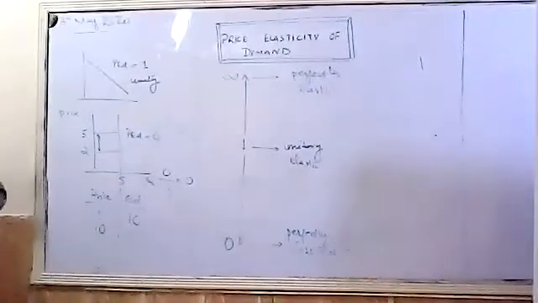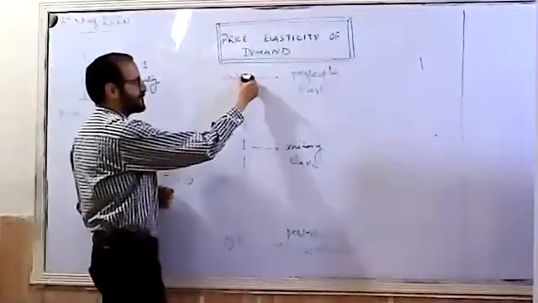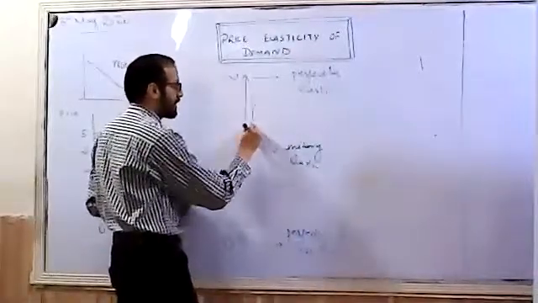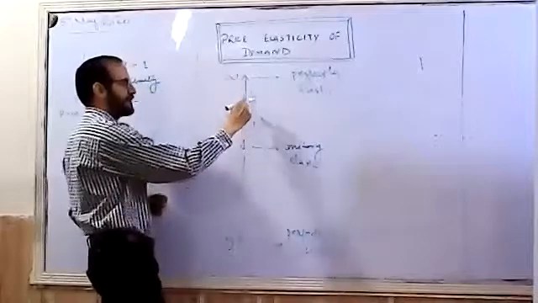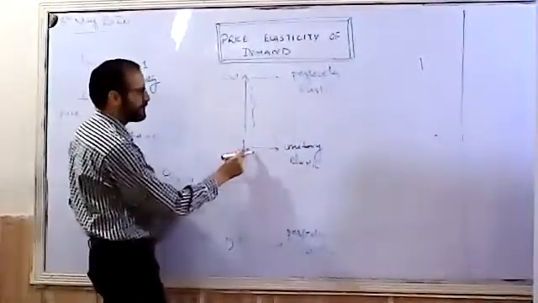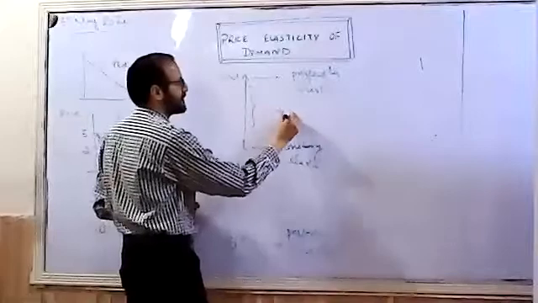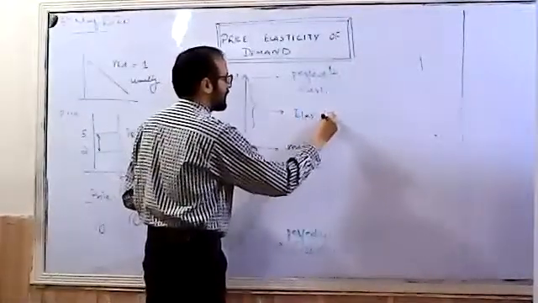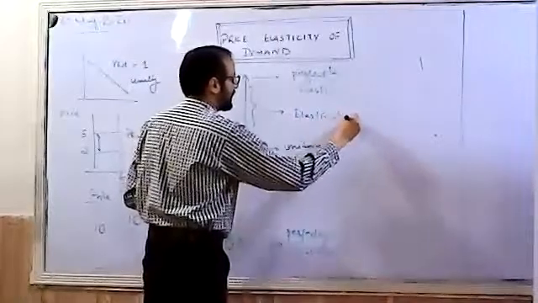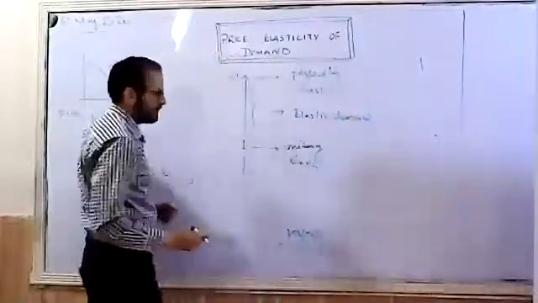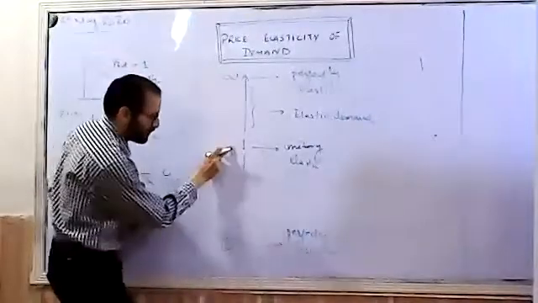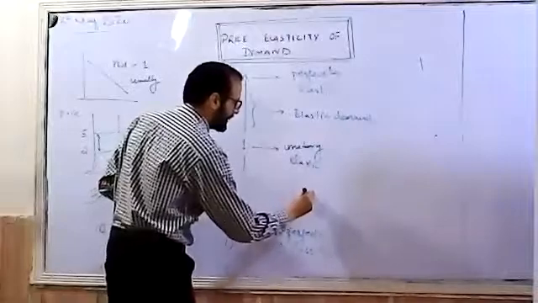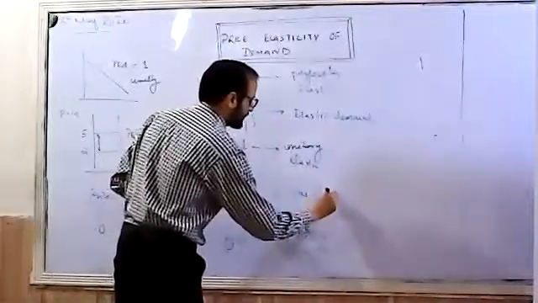So what about the 2 more? Between infinite and 1, I'm going to put a bracket for it. Any value which falls between 1 and infinite is going to be known as an elastic demand curve. And any value between 1 and 0 is going to be a less elastic or inelastic demand curve.